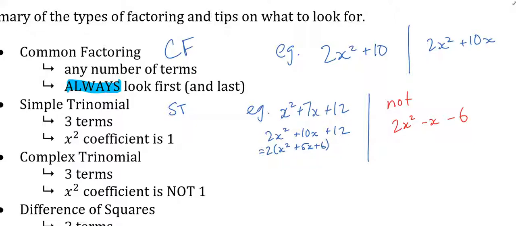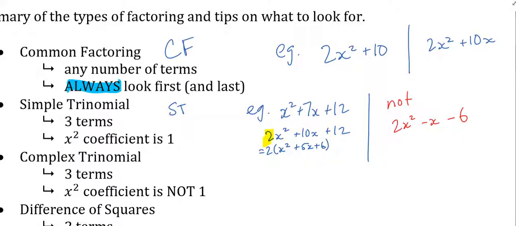This is what we mean when we say the x squared coefficient is 1. There's nothing in front of the x squared term, so it's a 1. We just don't write it. It's 1x squared. This is 2x squared. The coefficient is a 2, so it's not a simple trinomial. And the only other trick is once in a while you might have a number in front, but you can common factor it out, and then you're left with a simple trinomial.